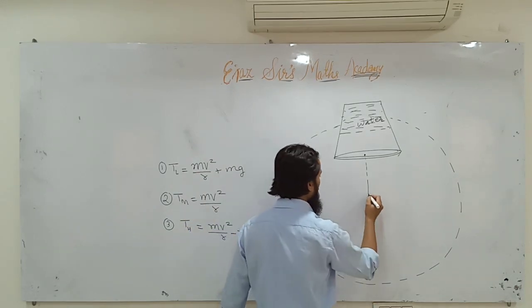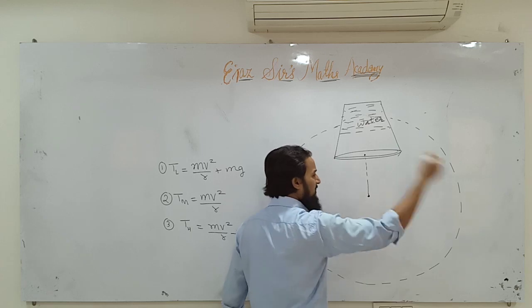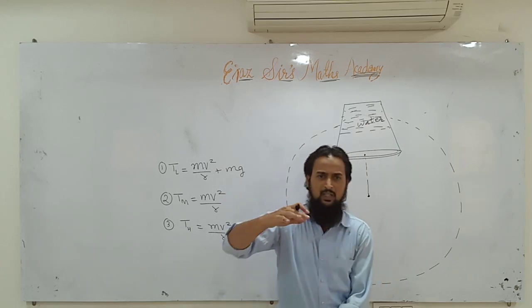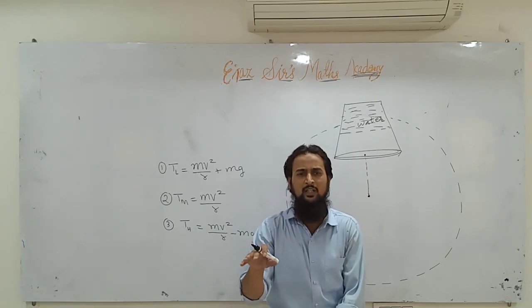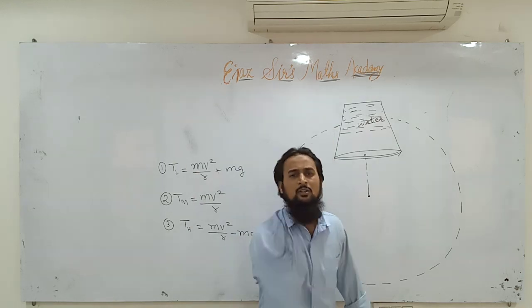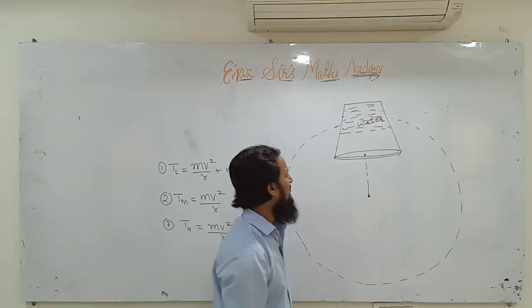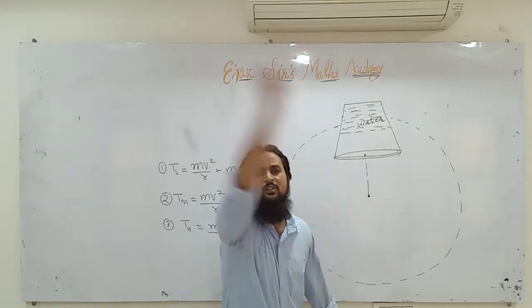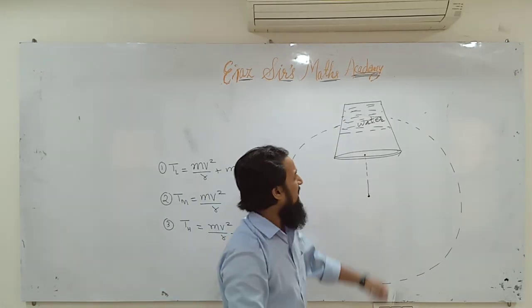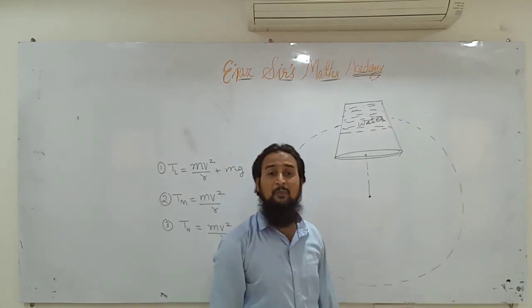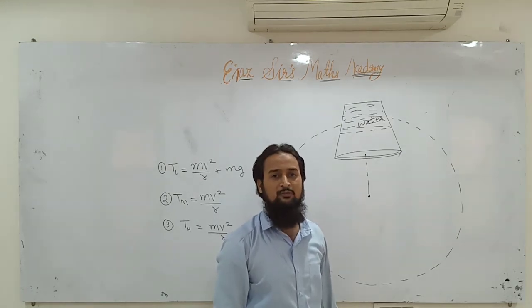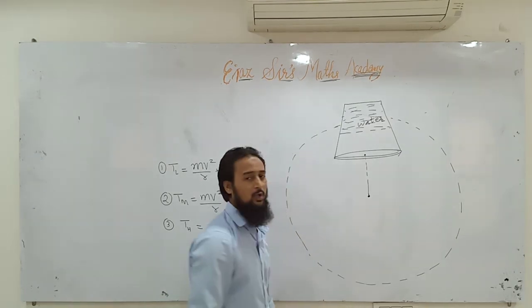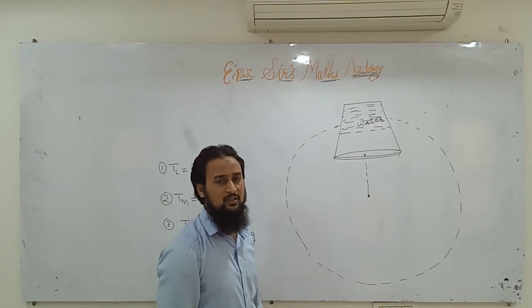Let us neglect the mass of the bucket. I have half filled a bucket, and I am revolving the bucket in a vertical circle with a very fast speed. Even at the highest position, the water should spill down, but the water doesn't fall down. Can you tell me why?